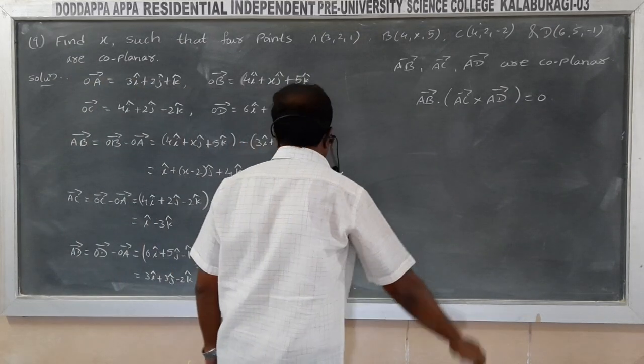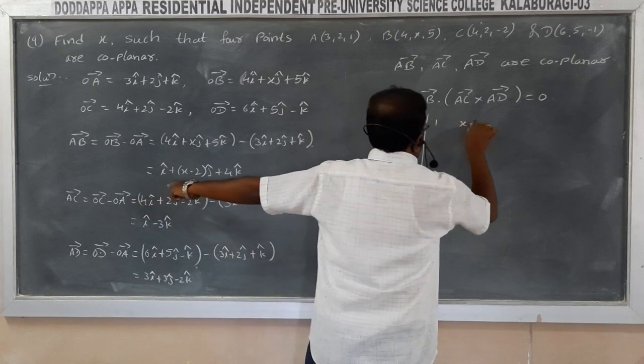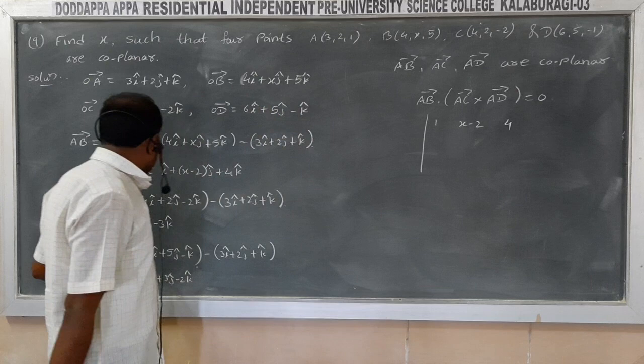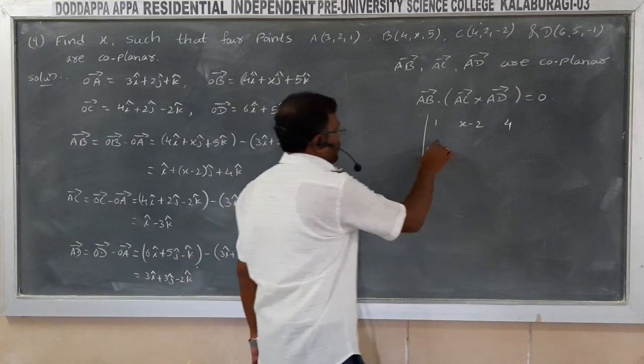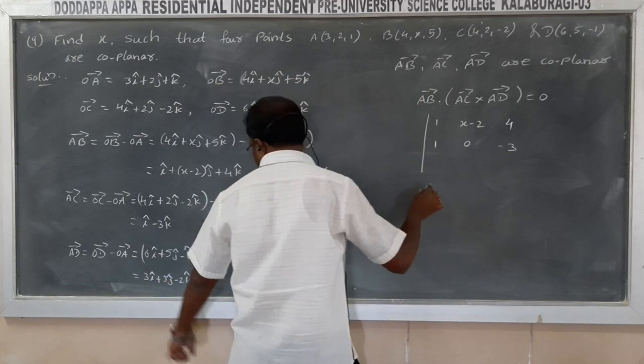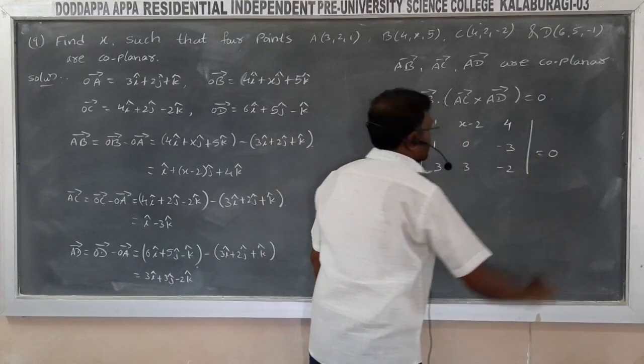Now, as usual method, AB vector is 1, x minus 2, 4. Next, 1, 0, minus 3. Next, 3, 3, minus 2, equal to 0.